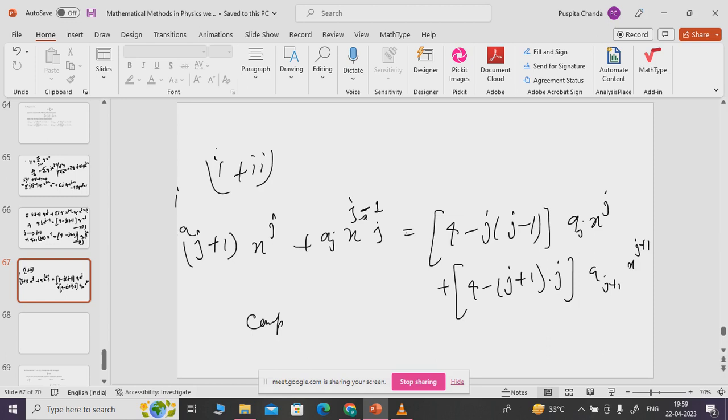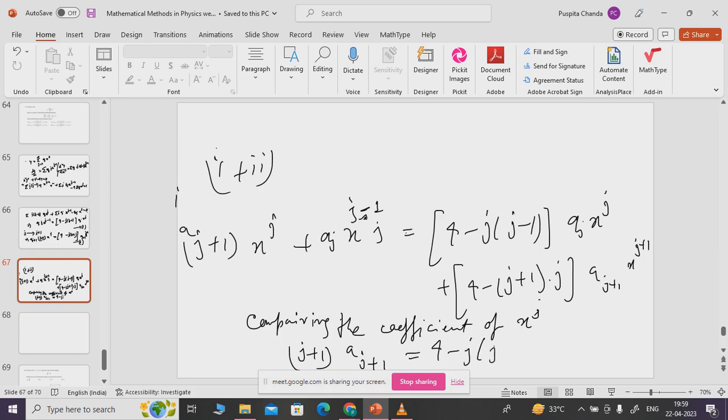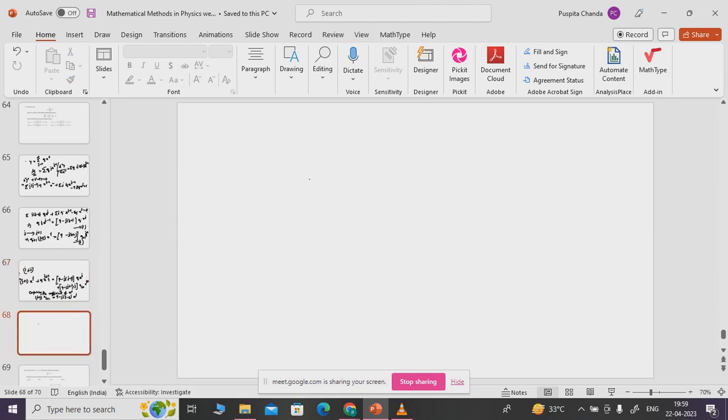So comparing the coefficient of x to the power j plus 1, aj plus 1 is equal to 4 minus j into j minus 1 aj.